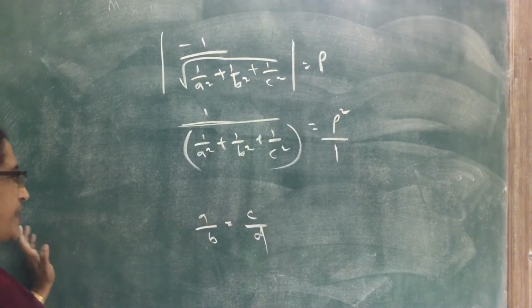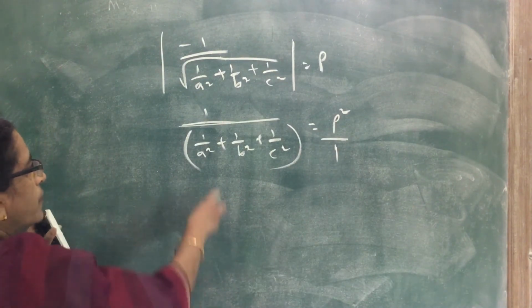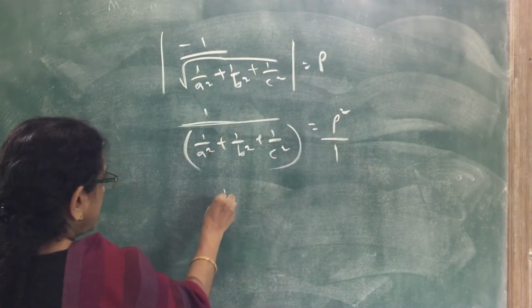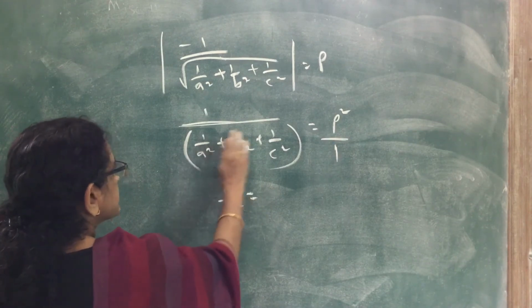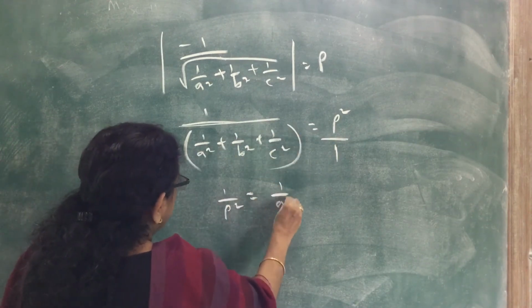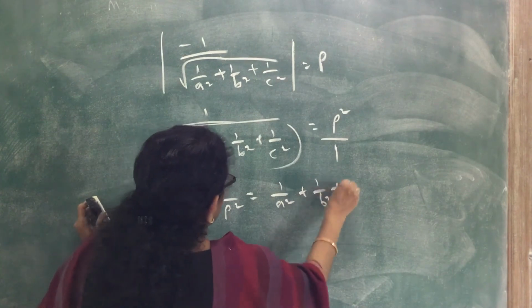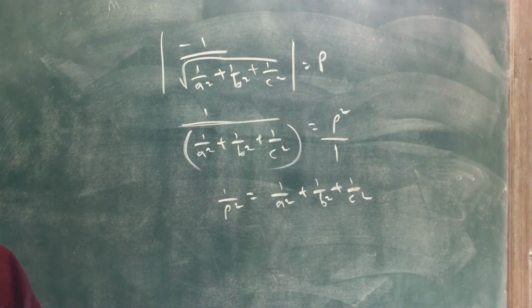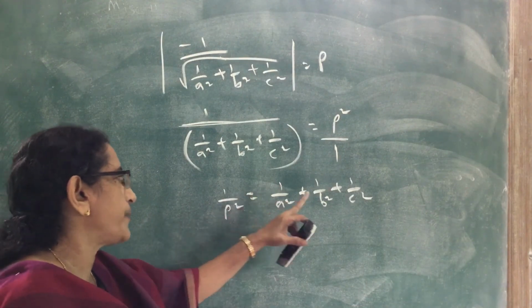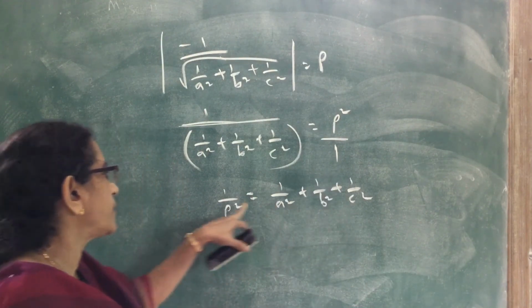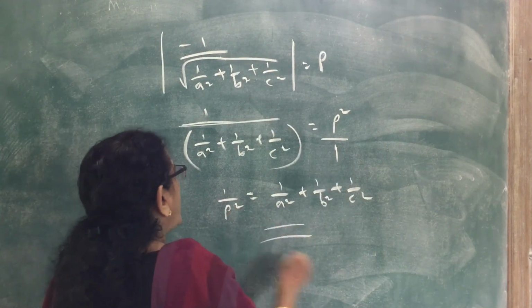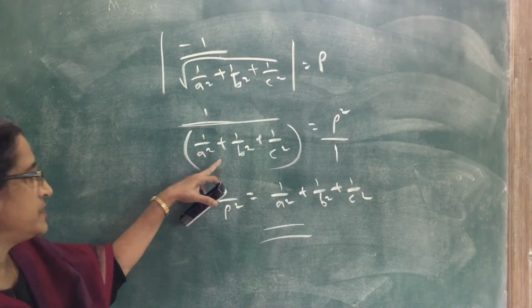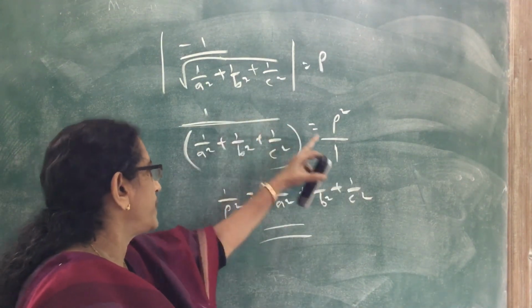Therefore, 1 by p square equals 1 by a square plus 1 by b square plus 1 by c square divided by 1, and divided by 1 is the same. So we get 1 by a square plus 1 by b square plus 1 by c square equal to 1 by p square. That is what we wanted to prove.